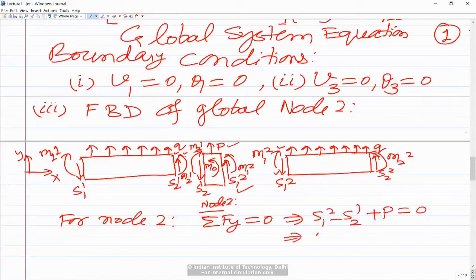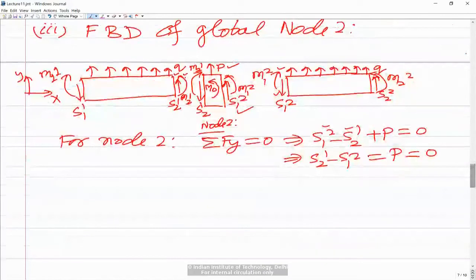So you could see that S21 minus S12, taking these two terms to the other side, is equal to P. For the given problem, if small q was 0 and only a concentrated force P was applied at node number 2, then you will have S21 minus S12 equal to P. In this case, P is equal to 0, and P is the externally applied load along plus y direction at node number 2, which is 0. So this is one condition you get.